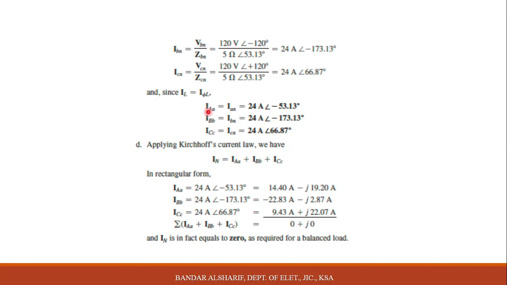Because here we can say that IA capital equals Ia small, which means I line equals I phase, the same magnitude and the same angle. Similarly IB capital equals Ib small, I line with I phase, same value, see here, same value, 24 ampere 66 degree.